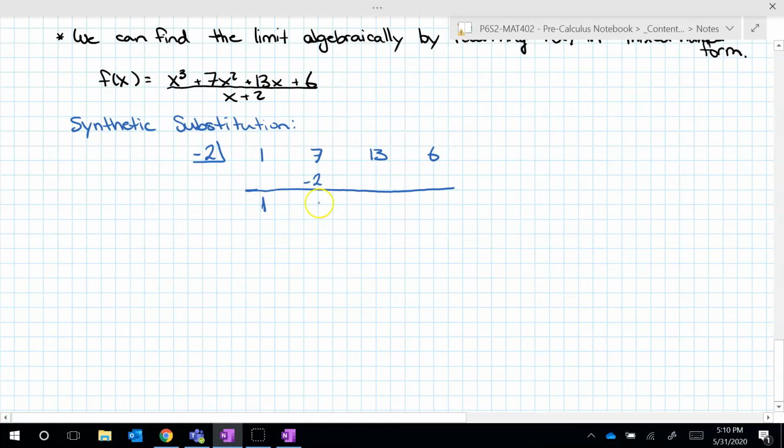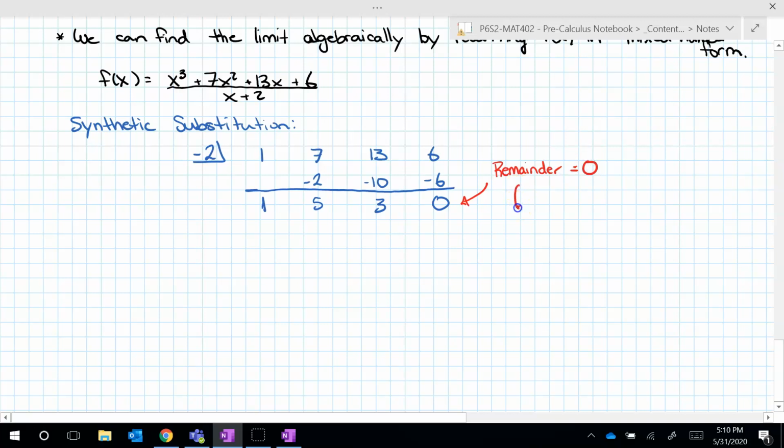Add these two, so 7 plus -2 is 5, times -2 again makes -10. Add those down, I get 3, multiply by the x value, -2, I get -6, and then 0. So that 0 is telling me I have a remainder of 0.